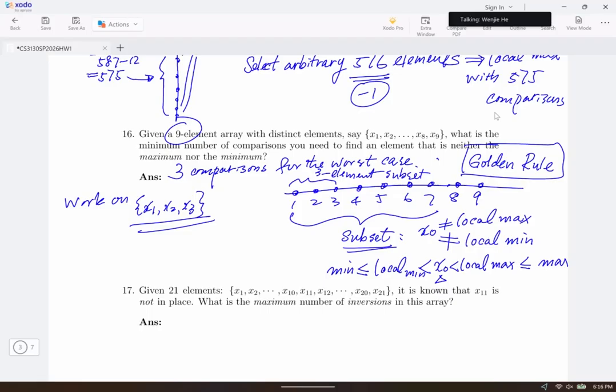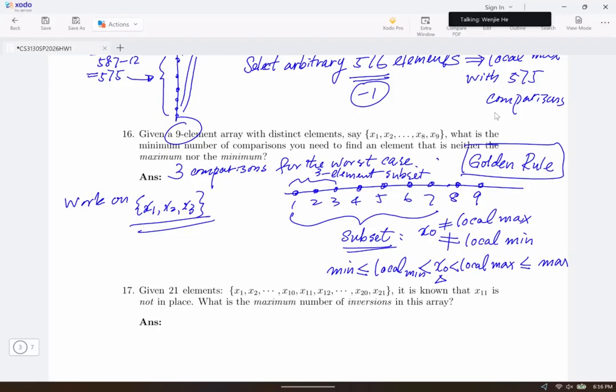Now, this time you work on a much simpler problem. You have 3 elements. You need to find one that is different from the largest of the 3 and the smallest of the 3. What's that? It's the median, right?